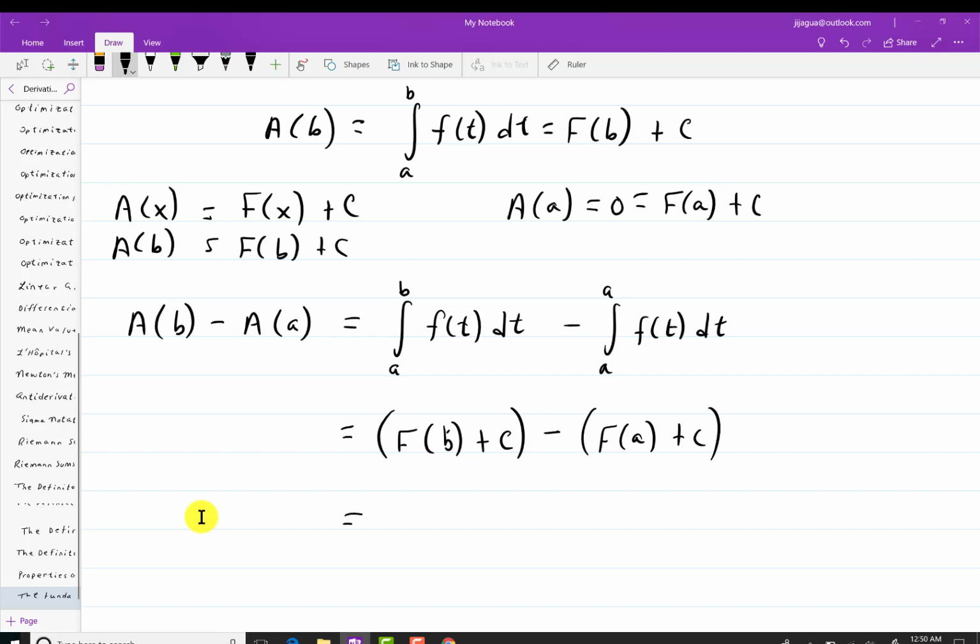But everything zeroes out. For instance, this integral is 0, so we're left with the integral from a to b of little f of t dt equals capital F of b minus F of a.